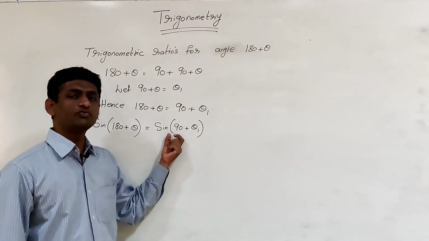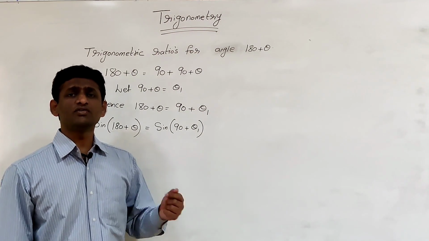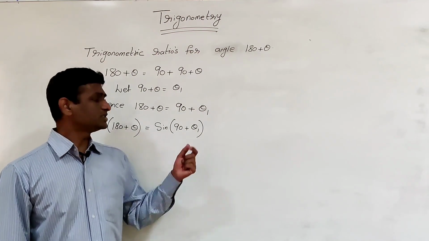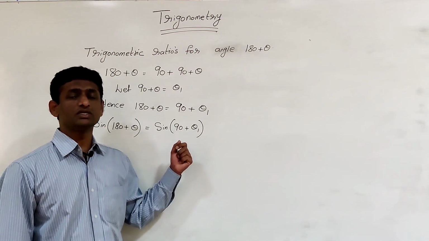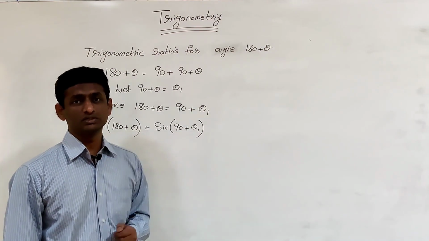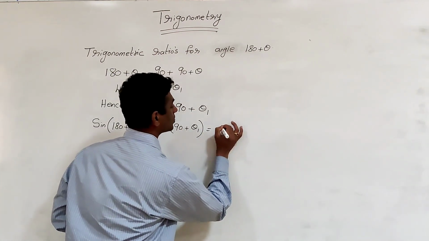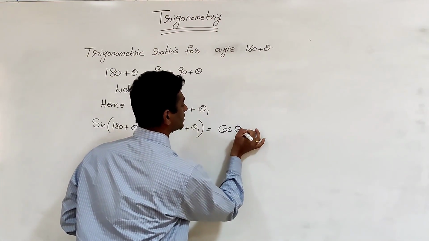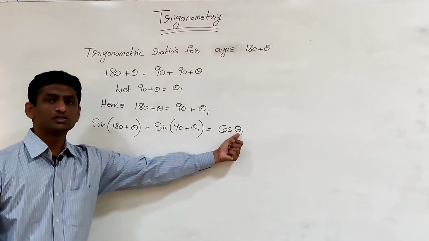So what is sine of 90 plus theta? As we have seen in the trigonometric ratios for 90 plus theta, sine of 90 plus theta 1 gives cos theta 1.